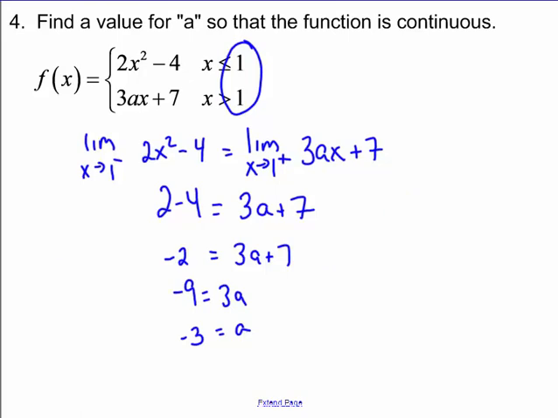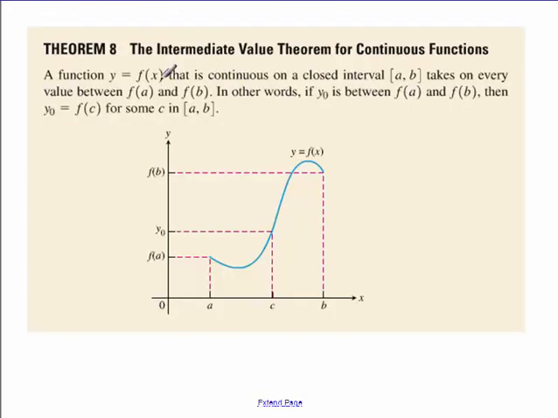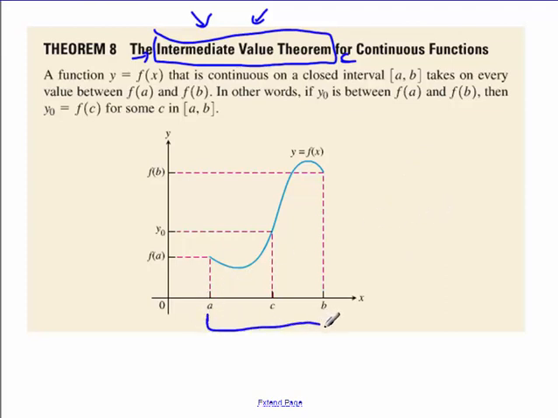This shows up a lot on multiple choice questions, and I've seen it show up on some free response questions on our AP test. The intermediate value theorem. This is super important, and I'm annoyed our book doesn't cover it as much as I want it to. Basically, if I have a function that is continuous on an x interval from a to b, then I have to have all of the y values from f of a to f of b.